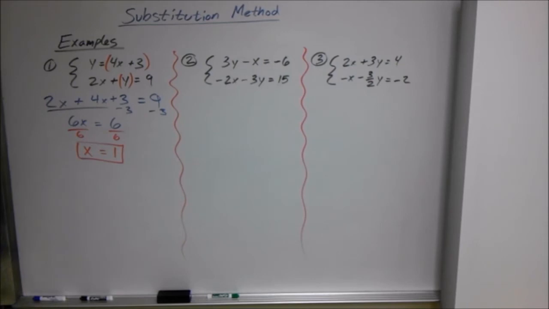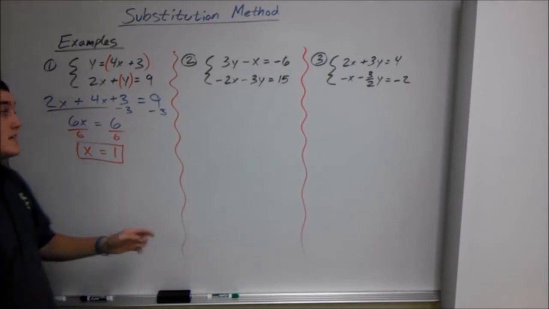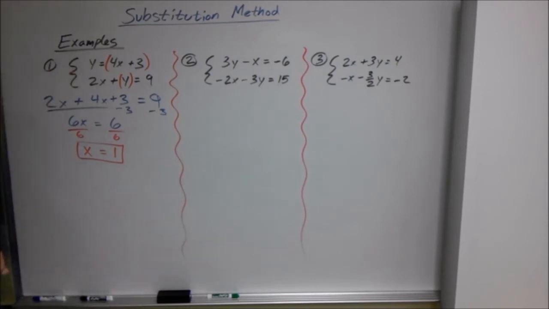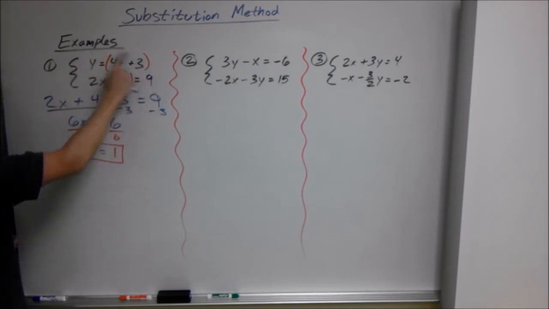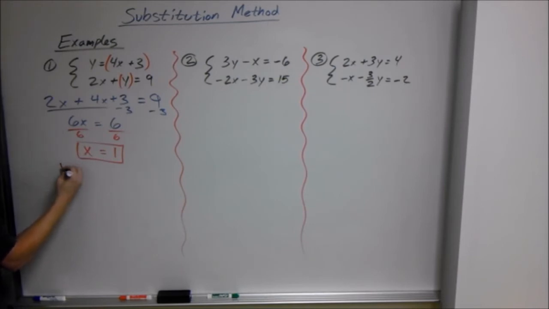Now we take that and plug it into whichever equation is easier, and that'll give us our y value for our final answer, our coordinate point, which is what we're looking for. So we take x equals 1, plug it into the easier one, because y is pretty much already solved for here. We have y equals 4x plus 3, and we're plugging in x equals 1.